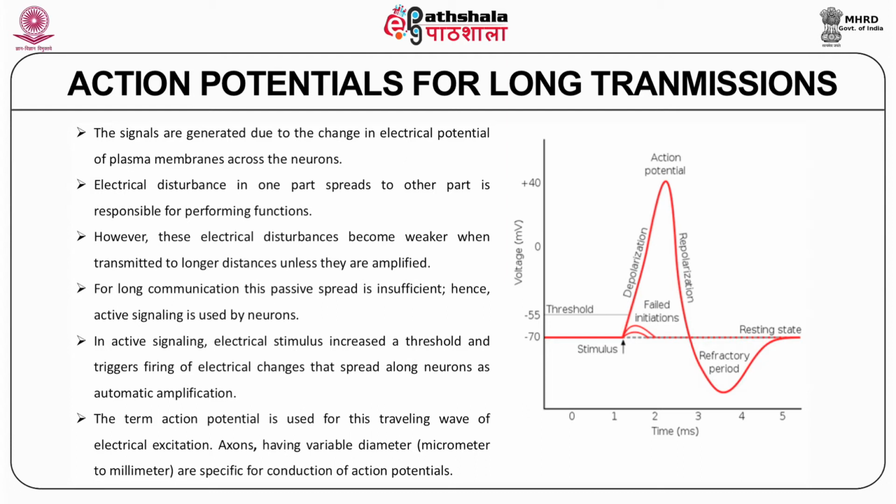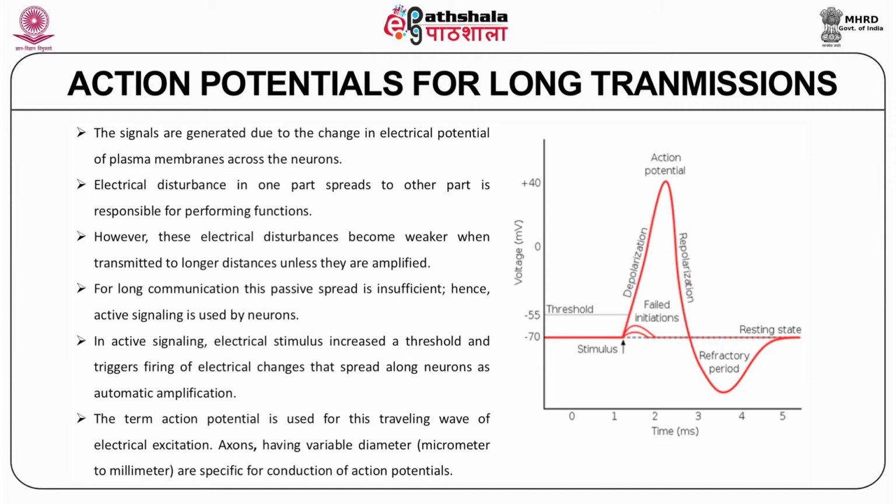In active signaling, an electrical stimulus above a threshold triggers firing of electrical changes that spread along the neuron as automatic amplification. The term action potential is used for this traveling wave of electrical excitation.